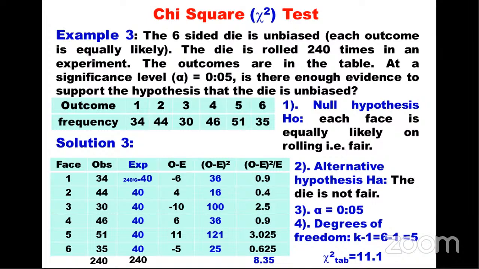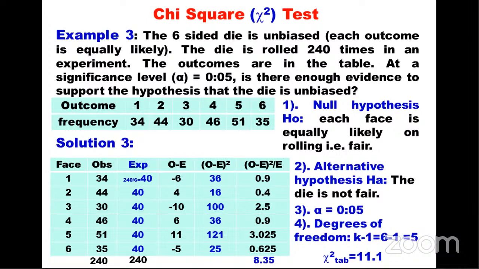Now observations are 34, 44, and so on. So find the difference of observations, square it and divide by E, and that comes to 0.9, 0.4, 2.5. So formula is actual minus expected, square, divided by expected. And that total comes to 8.35.